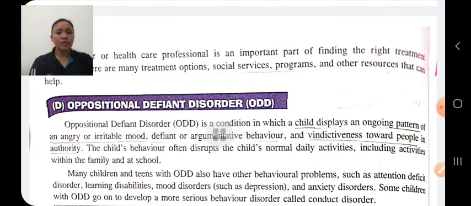The child's behavior often disrupts normal daily activity, including activities within the family and school.